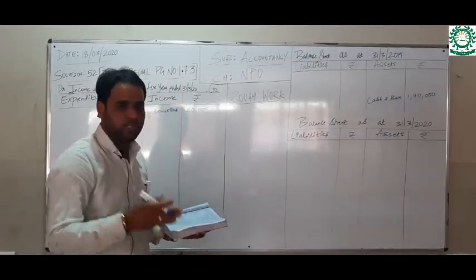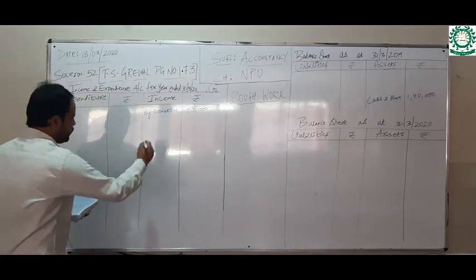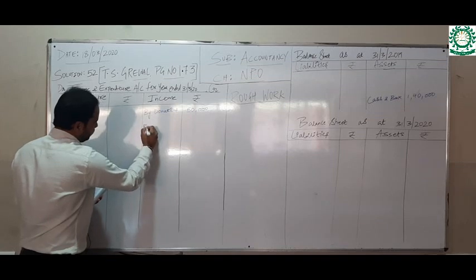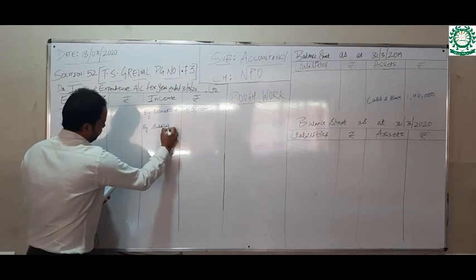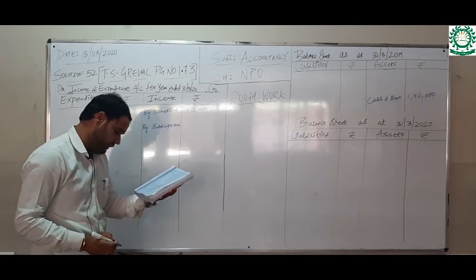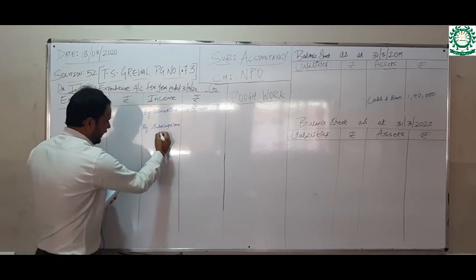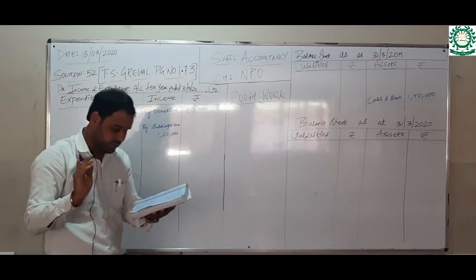So subscription being income of revenue nature, will be recorded in income and expenditure account, income side. So by subscriptions, and the amount is 1,20,000. I'll write the amount in the inner column because we do have adjustments regarding the same.